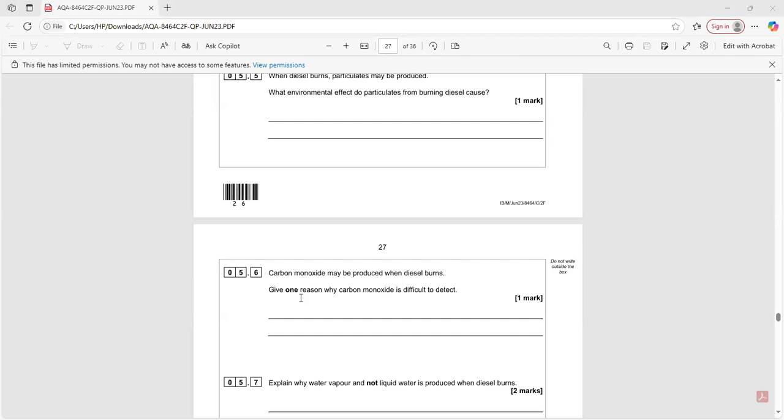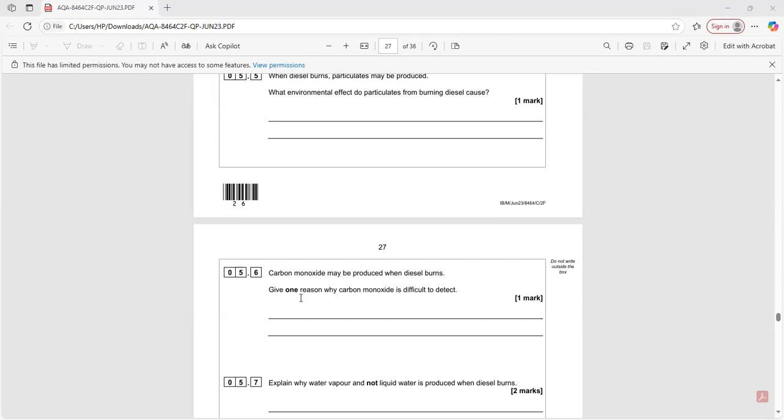Pardon? No, I said that I wanted to be sure. Did you mention that particulates could cause respiratory problems? Yes, yes. Okay, okay.